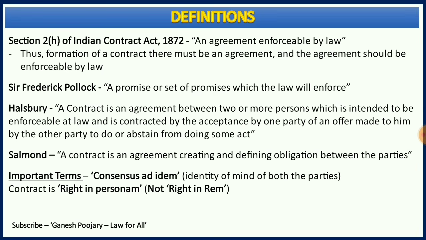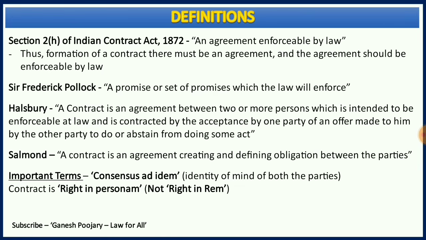Now, one important term that you need to remember is all contracts are consensus ad idem. That means identity of mind of both the parties is very essential, and contract gives only right in personam. That means right against an individual but not right in rem, that means right against the entire world. You will get right against those with whom you are coming into a contract.